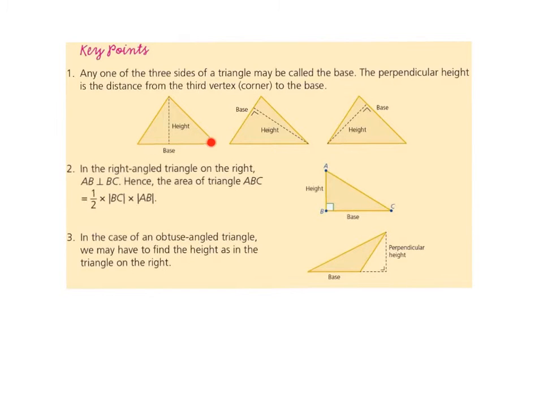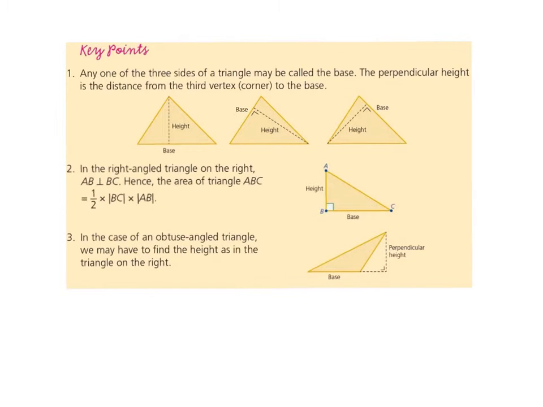So if we name this side base, we need to find the perpendicular height. When we use this base, we need to find the perpendicular height. We cannot use the other height for it, okay? The formula says base multiplied by perpendicular height, okay? And the same in here.